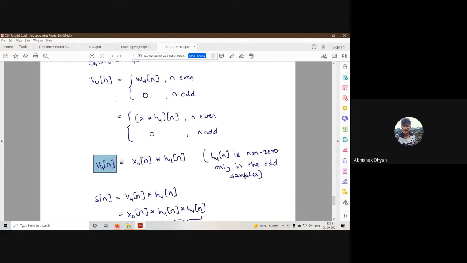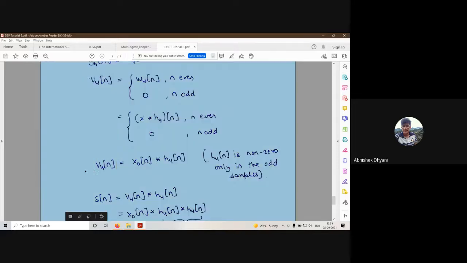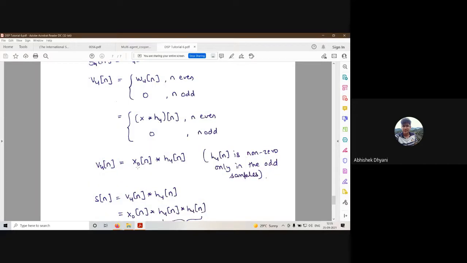And so we get this as x odd n. Okay, this is fine. This is v4n, which is the odd part of x convolution with h4n, and we get the odd part because h4n is non-zero only at the odd samples. So this is what V4n we will get.